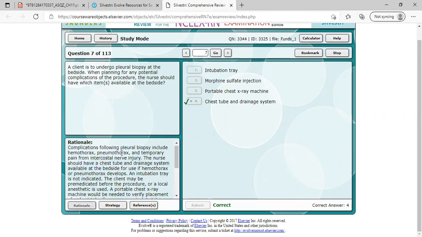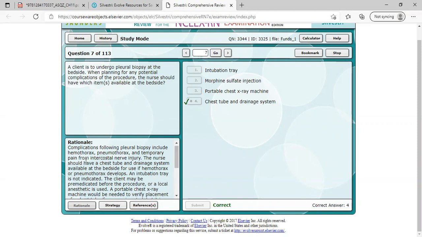The complications following a pleural biopsy include hemothorax, meaning blood in the pleural space, pneumothorax, meaning air, hydrothorax, or hemopneumothorax, both.